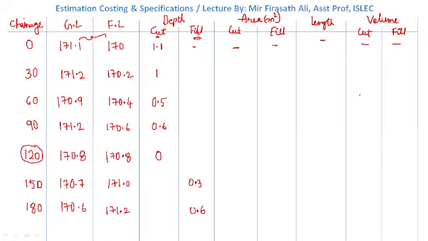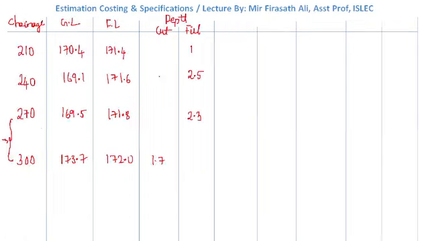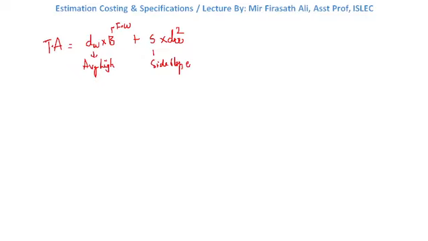Now let us come back to our second chainage. What is the average length? Average length, 1.1 by 1. If we substitute in the total area, 1.1 plus 1 by 2 into formation width, given as 10, plus s.